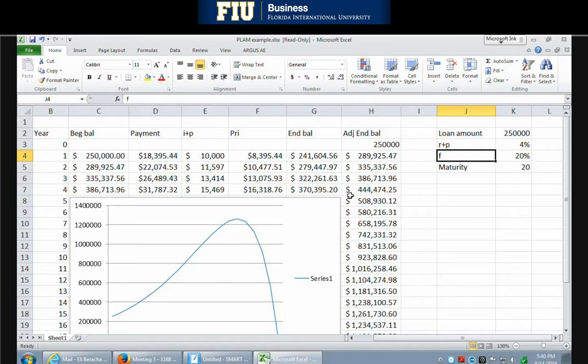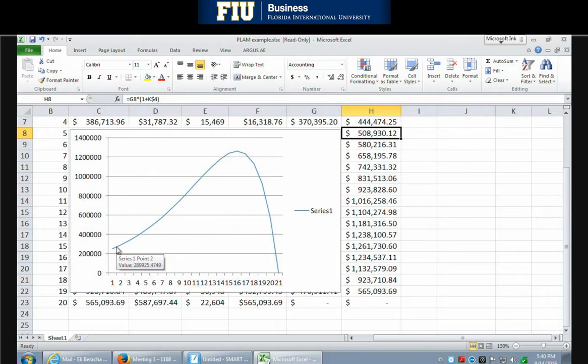To keep it simple, I did 20 years and one row for each year rather than one row for each month, just to show you how it's done. And basically, like I showed before, the principal is going up in the beginning and then eventually going down as your balance should be paid within a shorter and shorter period of time.